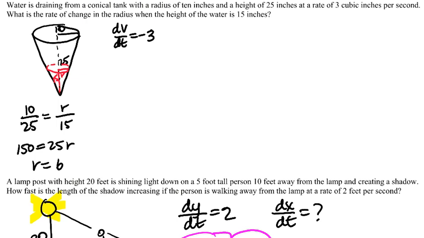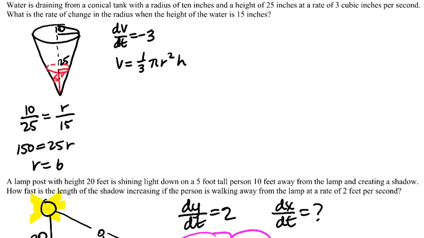Okay, now we're interested in the rate of change in the radius when the height is 15. So I've got dV/dt. I need a formula for V. That's 1/3 pi r squared h. We want the rate of change in the radius, so I need to get rid of h.